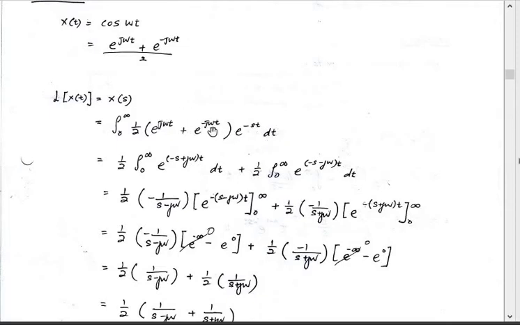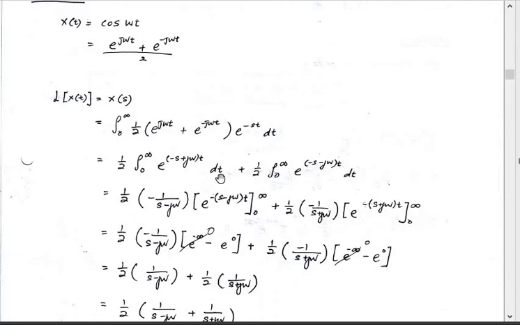So you have plus here. We have the exponent negative st multiplied with exponent j omega t, and you get negative s plus j omega, t dt, and then plus the other half, exponent negative st multiplied with exponent negative j omega t. So we get this part, negative s minus j omega t dt.